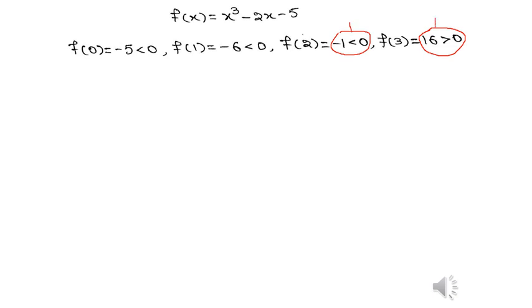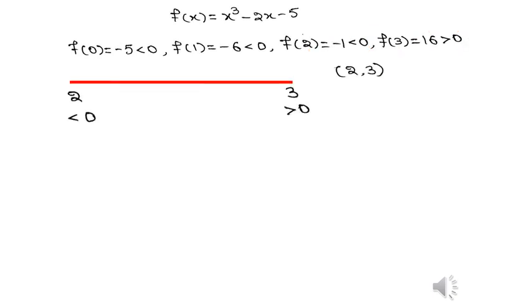That shows that 2 is our a, and the value of b is 3. So our root lies between 2 comma 3. Take these values of x as the interval.